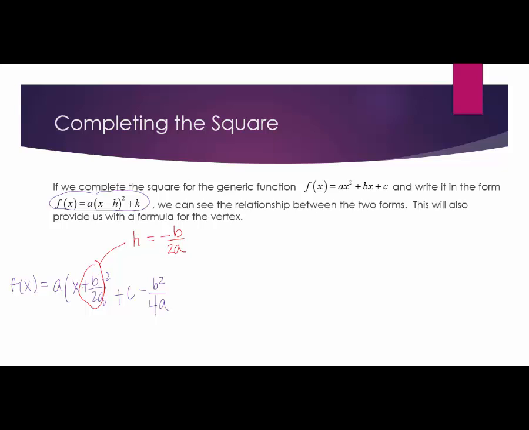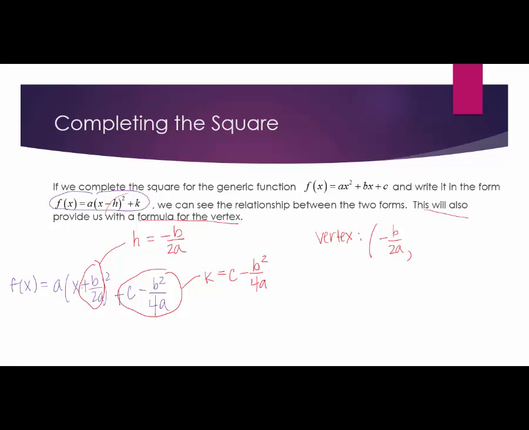Or note this is a shift to the left if b over 2a is positive, so it's going to bring me to negative b over 2a. And my k value is all of this stuff, c minus b squared over 4a.